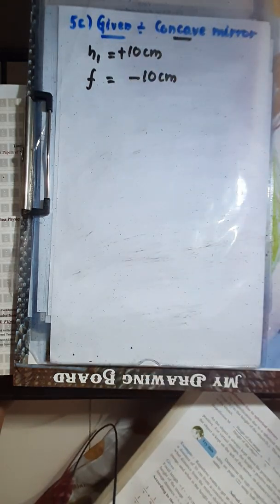A 10 centimeter long stick, that means height of the stick is 10 centimeters. H1 is always positive, correct? Having focal length 10 centimeters. So F is equal to 10 centimeters. Concave, therefore negative 10 centimeters.